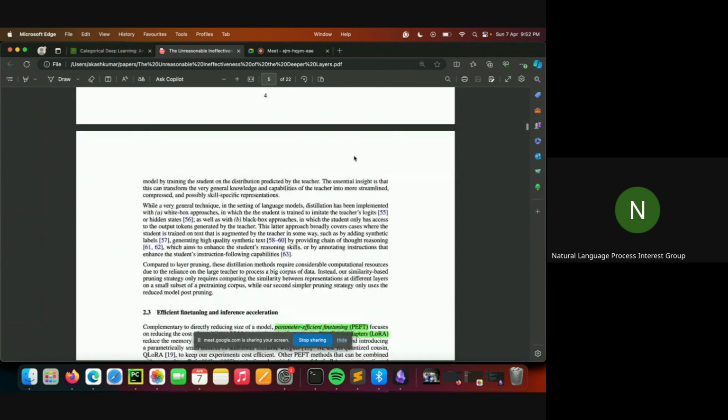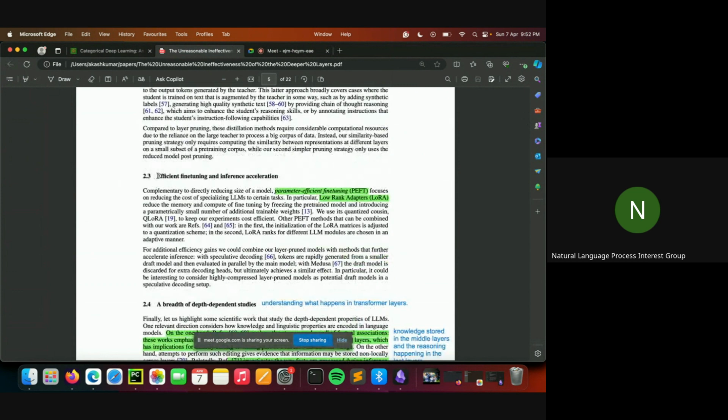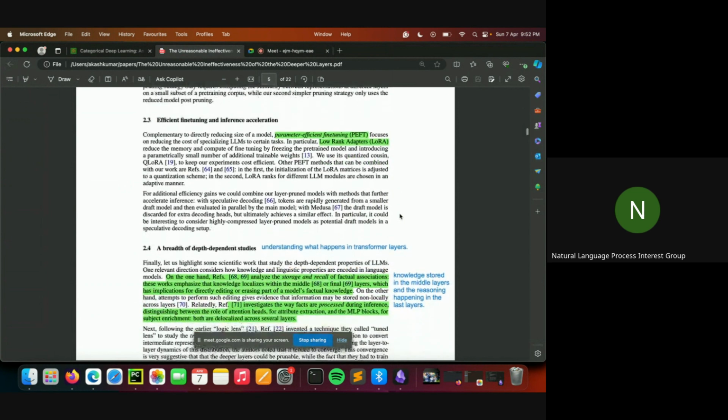So that is another parallel stream. Other methods include efficient fine tuning and inference acceleration, basically PEFT and LoRA methods, which we have discussed in our previous meetings.